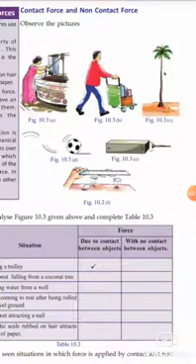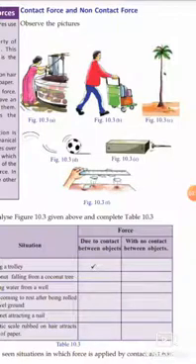Both are in contact. But in the next case, the magnet is the agent and the nail is the object on which the force is exerted. Both are non-contact. In the last case also, the charged scale is the agent and the paper is the object on which the force is exerted.